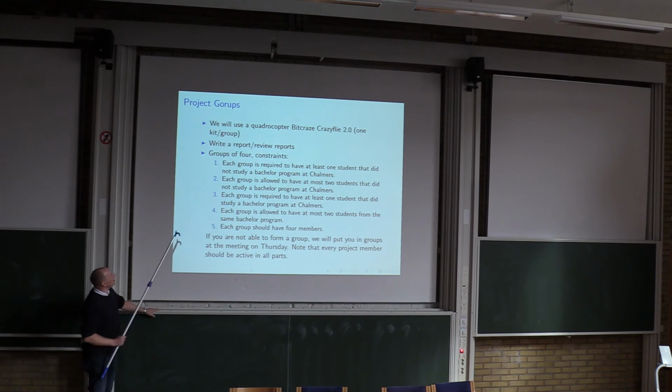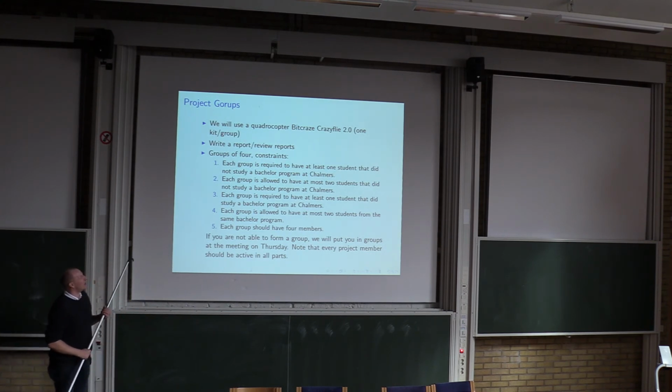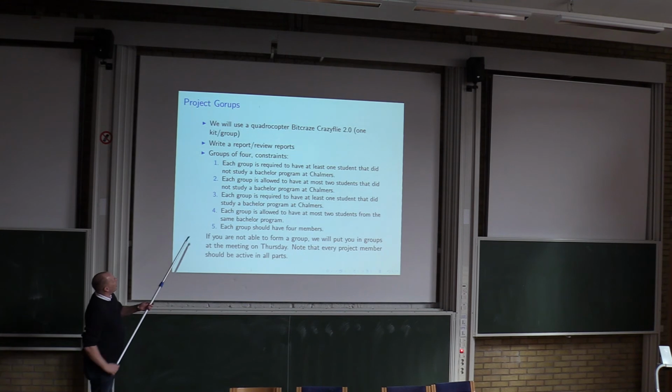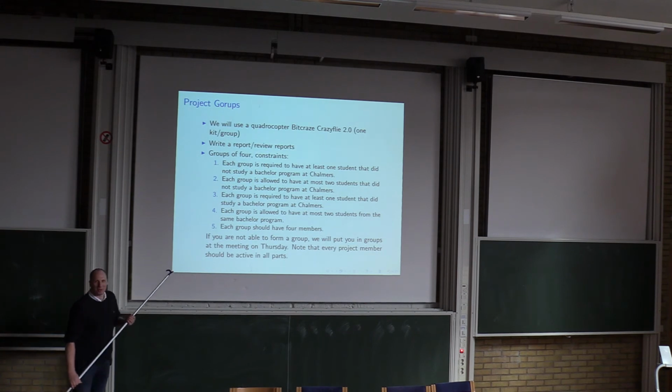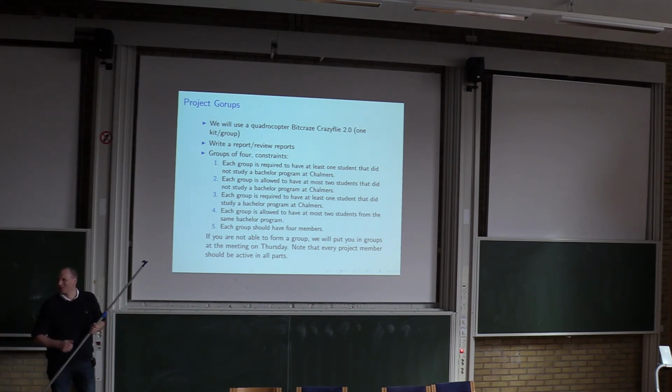The first constraint is that each group is required to have at least one student that did not study a bachelor program at Chalmers, so basically an international student. And each group is allowed to have at most 2 students that did not study a bachelor program at Chalmers. So we need to have Swedish students in every project group as well.